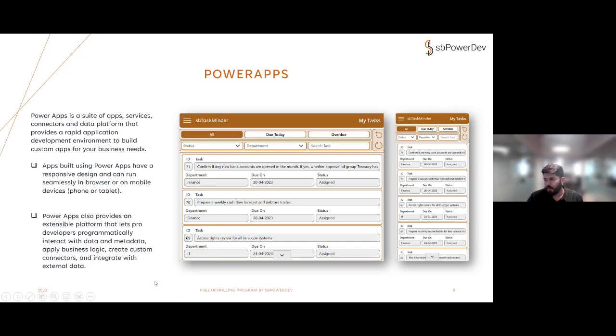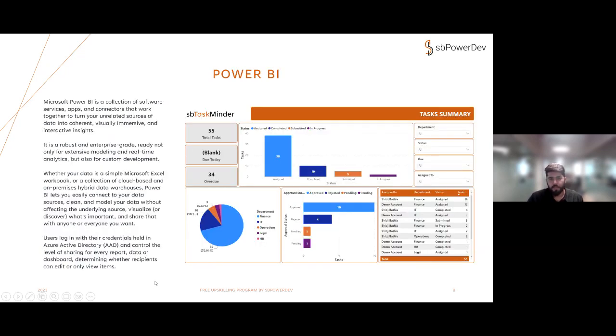We also discussed Power BI. SP Task Minder also comes with business analytics, where we are showing at the department level a summary of what all tasks have been done and what all tasks are pending, a quick summary at the organizational level. You can do business units as well and other slices.